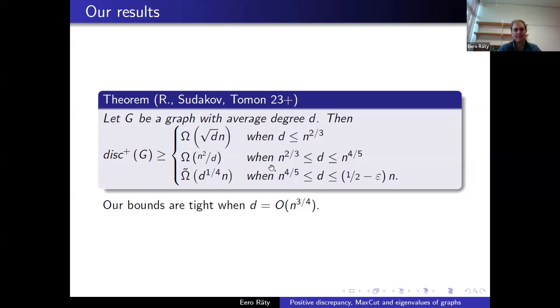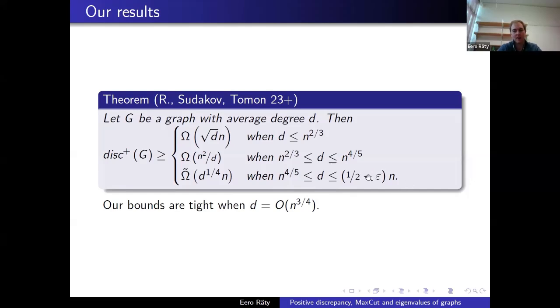So the second bound obviously holds for any d, but when d grows, for example becomes linear, it becomes fairly useless because it just gives the lower bound that the discrepancy is at least linear in n, which we already knew by some previous results. But then we get this improved bound for large d.